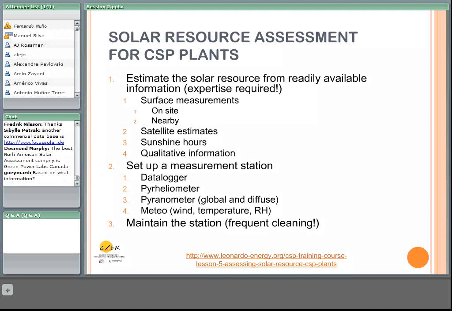Otherwise, the dust, the dirtiness affect the measurements. Normally you get reduced readings. I mean, you normally measure less than you should if the instruments are not clean. So it's important to maintain the station properly.